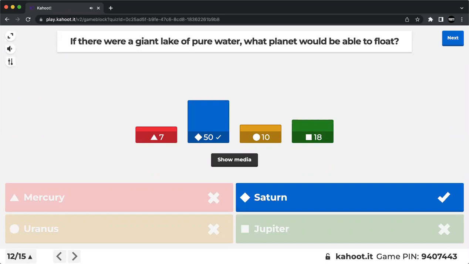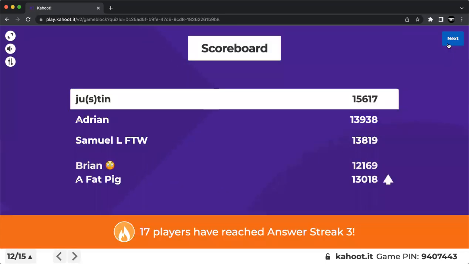If something is able to float, it has to be less dense than water. And obviously it can't be Mercury because Mercury is basically a rock. So Saturn is the least dense gas giant. Good job.